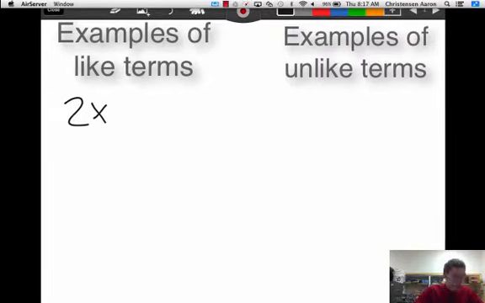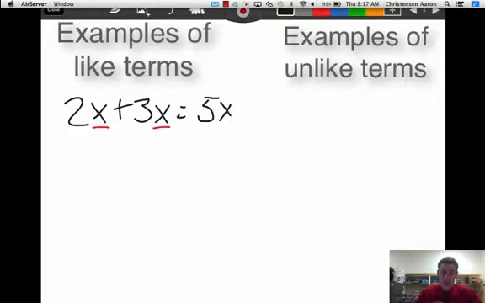So we have 2x plus 3x. We see that x and x, those are exact same. So we have equals 5x when we add 2x and 3x. However, if it was 2x plus 3y, we see that we have x here and y here.